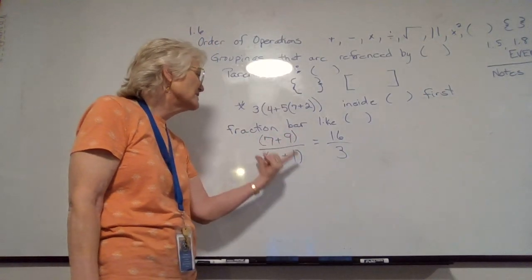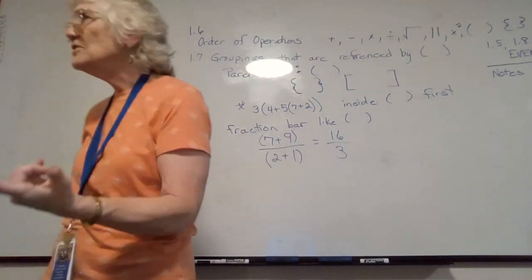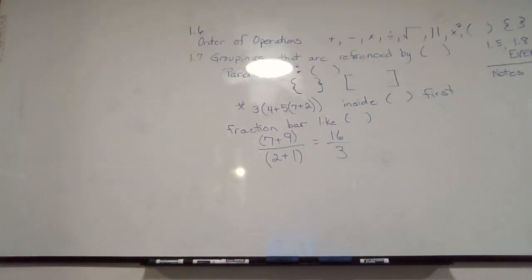We don't usually see it, but I always tell people if you need to, put the parentheses on the top of the fraction, put the parentheses on the bottom. In fact, if you're doing something in the calculator, you're going to have to do that or it won't calculate it right. You have to put whatever's on the bottom or whatever's on the top in parentheses so it will calculate it correctly. Okay.